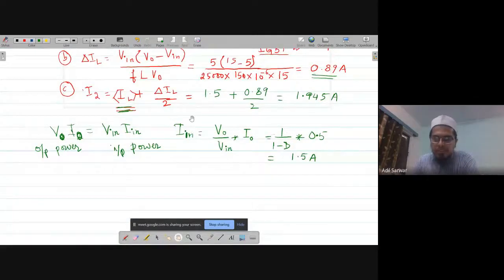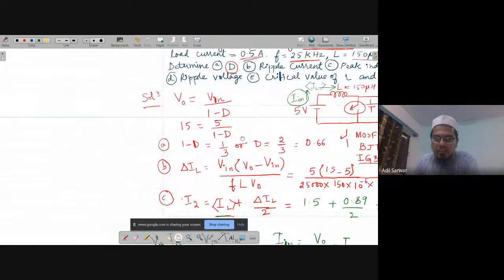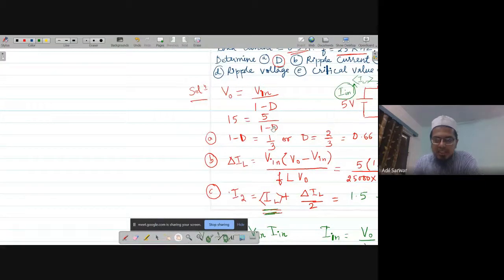Yes, I can solve it here. The fourth part of the question is the ripple voltage. I had derived the expression for the ripple voltage, so let me write it down here.